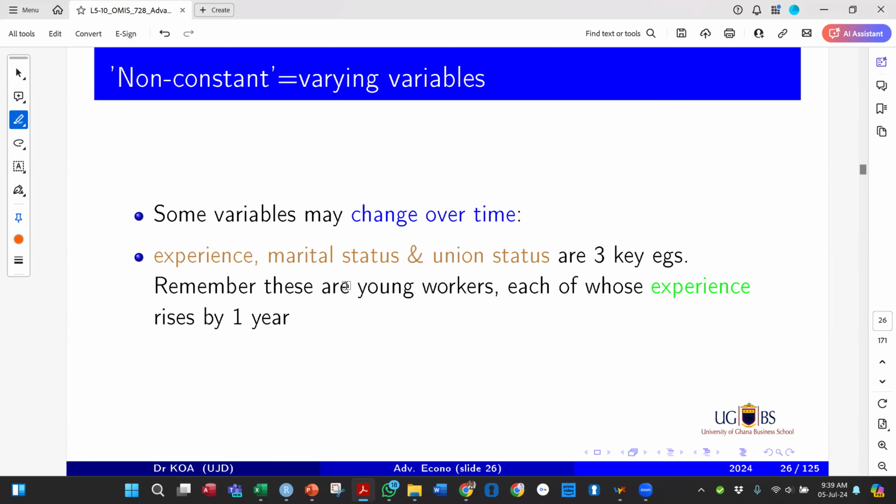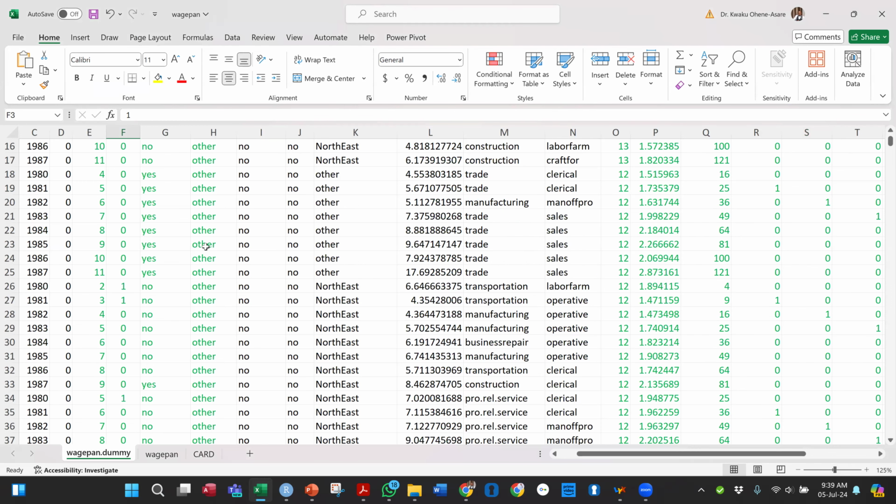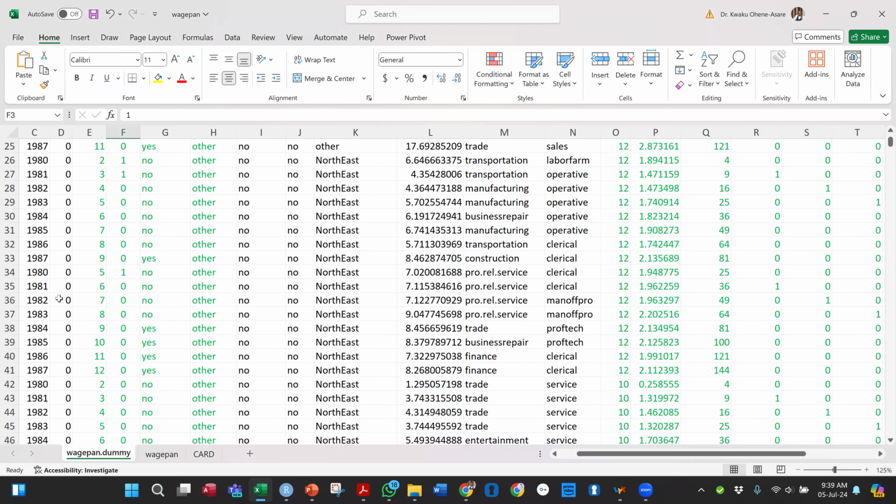Now here, there was a mention of marital status and union. You remember the union status, there were some changes there. One guy changed his union. Yes, so union too is a possibility. Now married, yes, because some of them may not start as married, but over time they'll become married. Look at this. You see one of the students was not married.